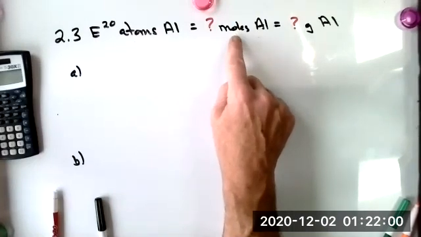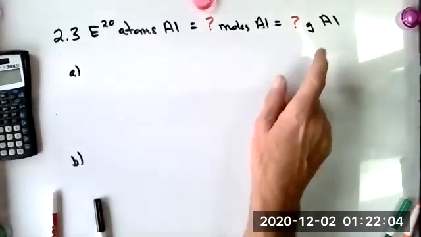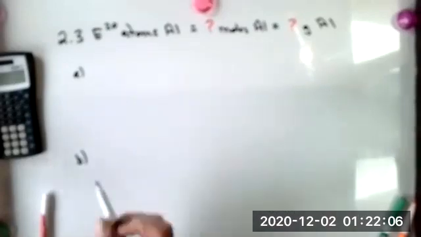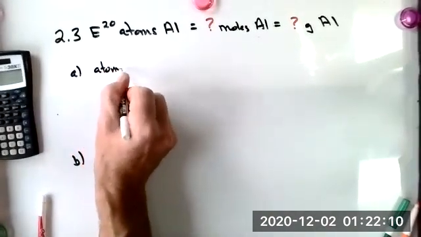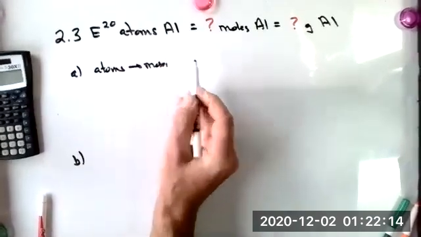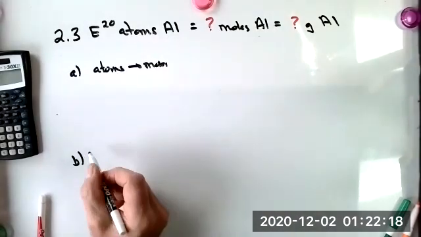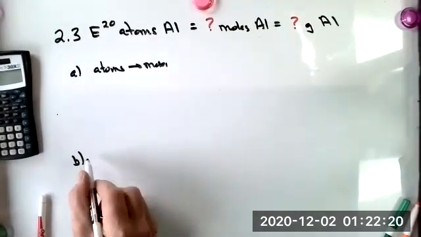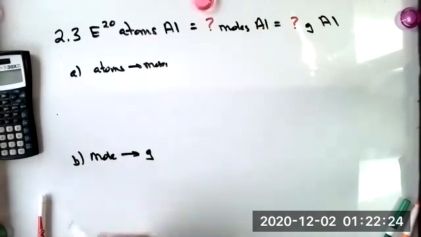Once I'm in moles, then I can calculate the grams. So I'm going to give you a hint on this one. Your part A, I would convert atoms to moles. Okay, that's what you're going to do in A. And then B, once you get the mole value, use that to get the grams.